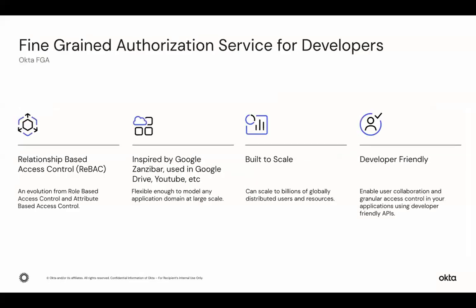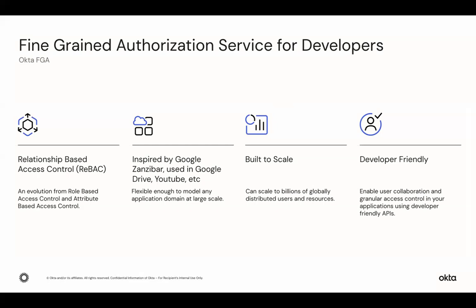All right. So FGA is basically a product, as we said, using relationship-based access control. And using relationship-based access control, you can build an RBAC or ABAC model. The product itself, Okta did not build from scratch. This product was actually built by Google.